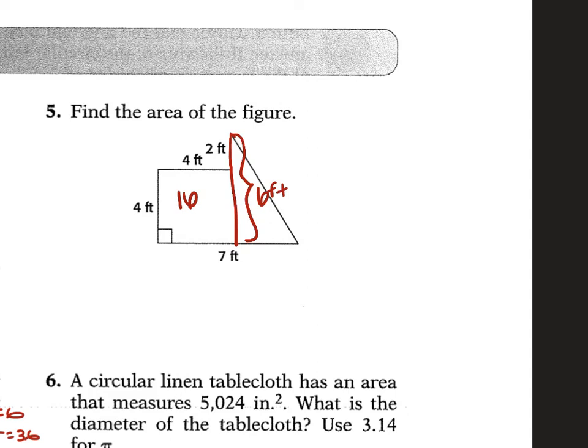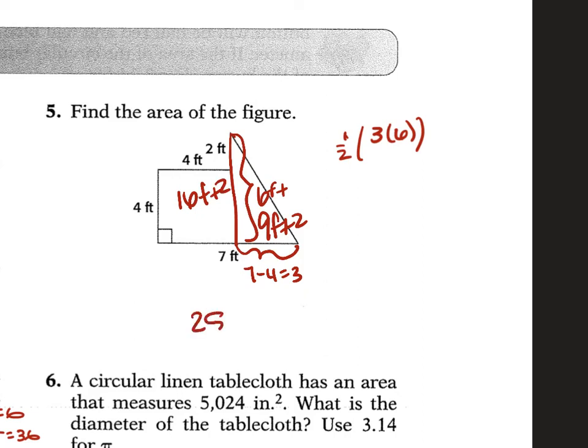All right, so that's 1/2 times your base times your height, which is 7 minus 4, that's 3. So that's 3 times 6, which is 18, divided by 2 is 9. So this is 9 feet squared plus 16 feet squared is 25 feet squared.